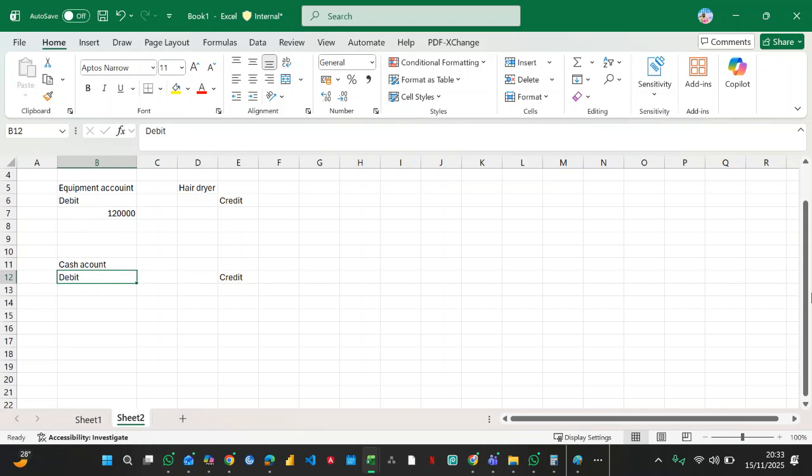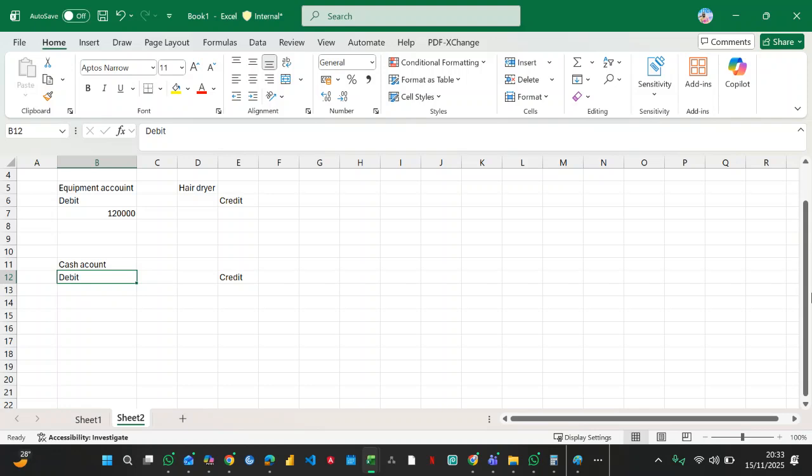I think it's going to be on the debit side. It's going to be on the debit side. Why? The 120 was formerly in the credit side before the equipment was purchased, right?